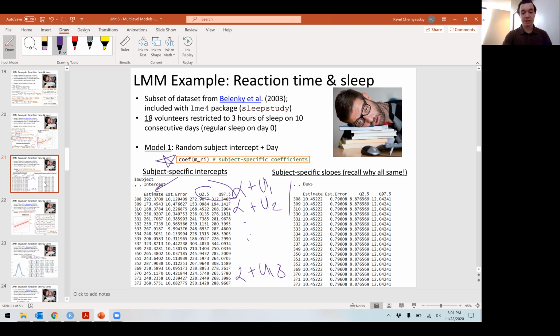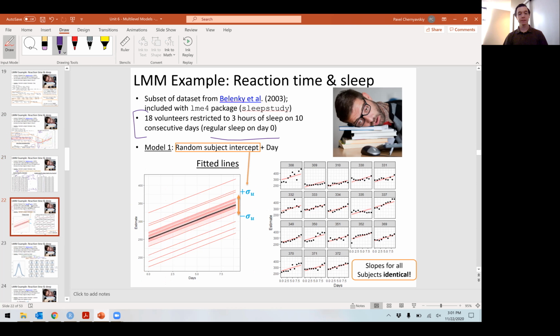But this slope is identical, and it's just driving the whole point home that we only allowed subjects to have their own intercepts. We forced all the subjects to react to being sleep deprived equally. So the fitted lines, and there's one per subject, so 18 fitted lines, reflect all of this as well.